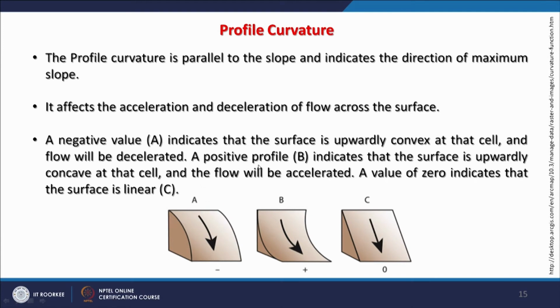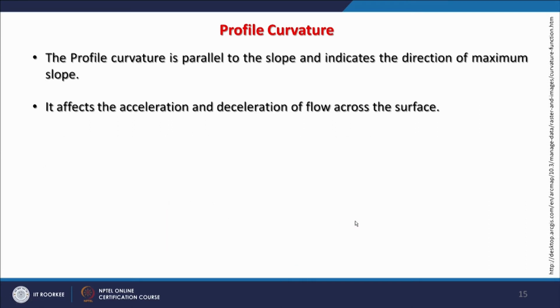Whereas in B, when you have an upwardly concave surface at the cell, the flow will be accelerated. And a value of 0 indicates the surface is linear.